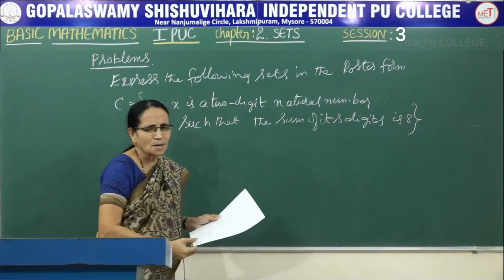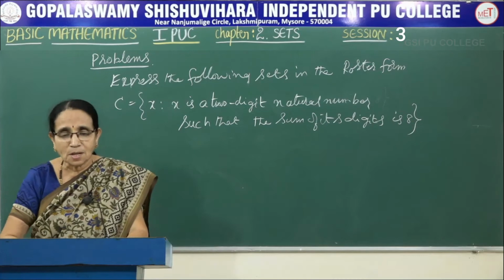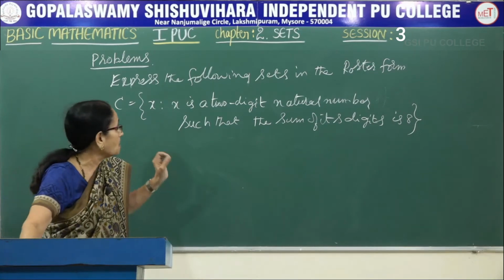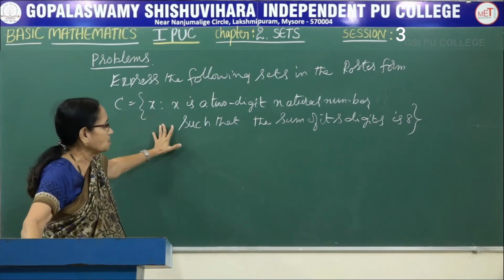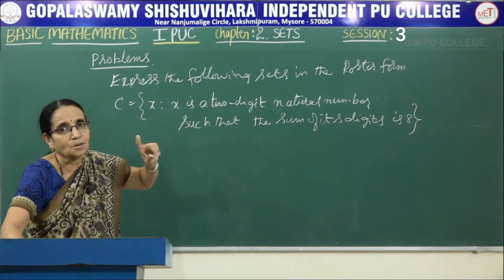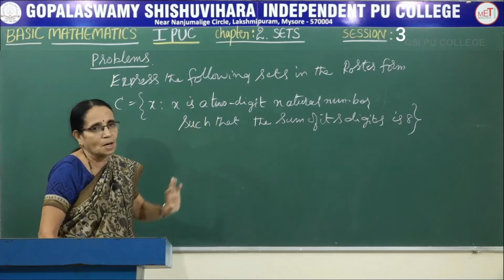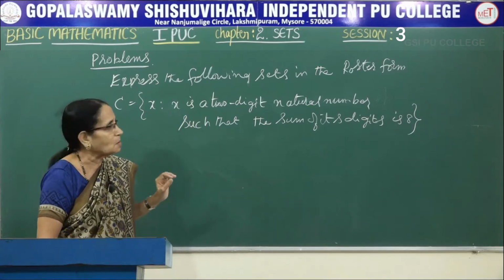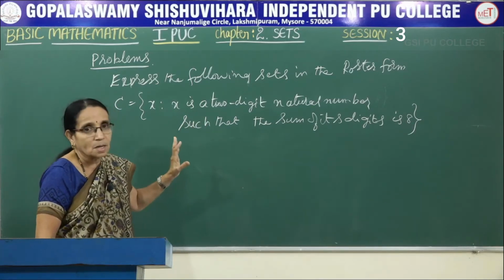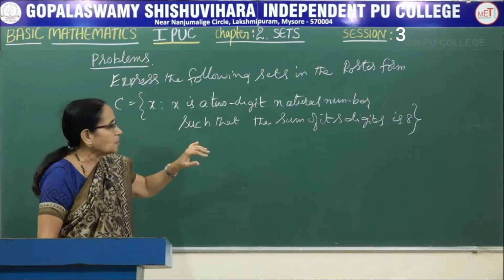So the condition is a little bit lengthy here, but not difficult. Now look here, it contains all x, and what type of number is x here? It's a natural number. x is a 2-digit number. So you have to consider the numbers starting with 10, that is the first 2-digit number, up to 99.